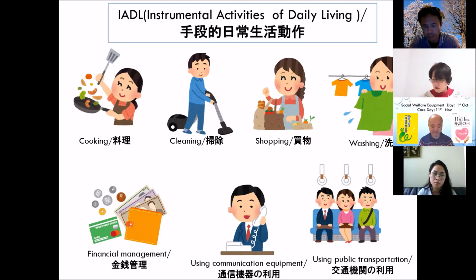After that, based on the recipe or plan, you go shopping to buy ingredients, and you start cooking based on the recipe in order. These activities require you to use cognitive function. So that's why a person with dementia has difficulty cooking. This is one of the IADL.